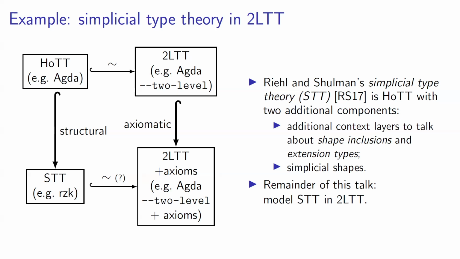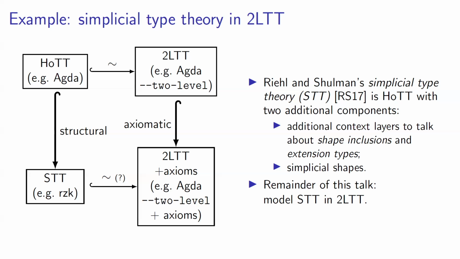Here's one example. When I learned about Riehl and Shulman's simplicial type theory, some people here have already talked about it. Essentially, this is homotopy type theory, and in Riehl and Shulman's original formulation they have additional layers of contexts, which is why this is a structural extension.